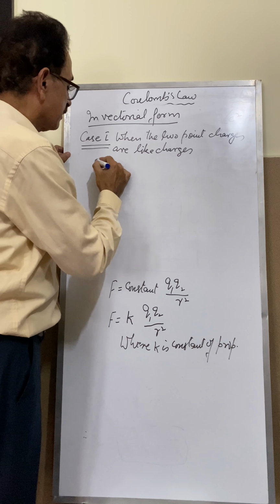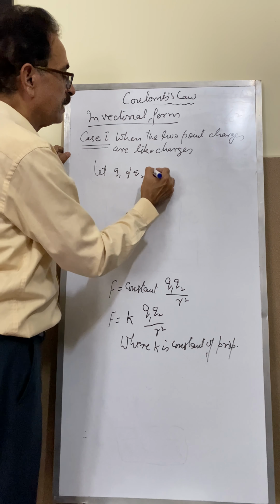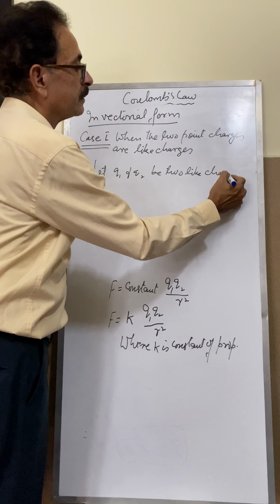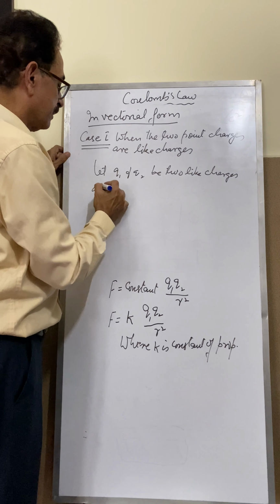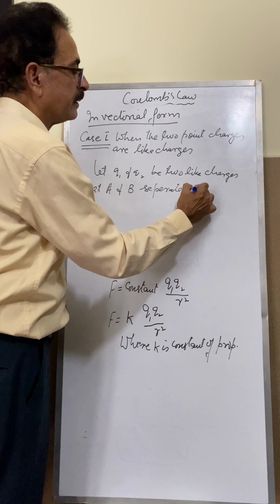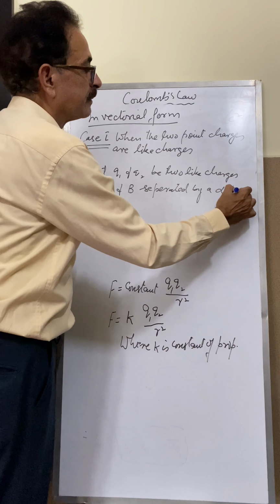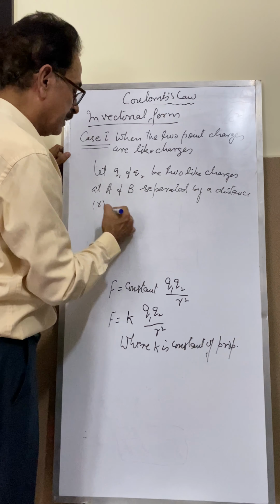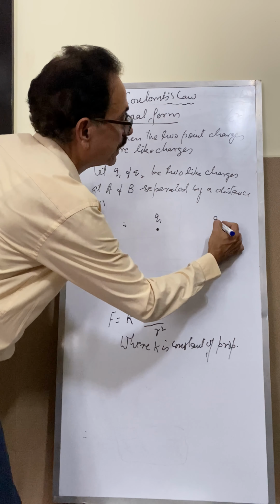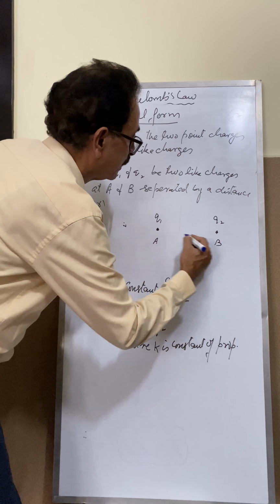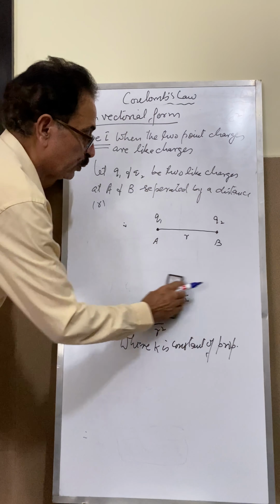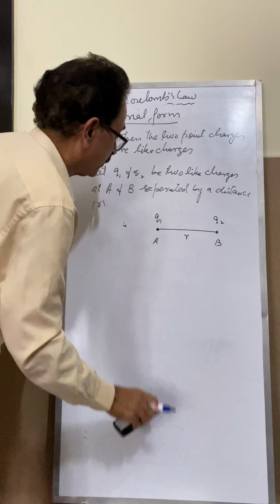Let Q1 and Q2 be two like charges at A and B, separated by a distance R. Therefore, we write Q1 here and Q2 here at A and B, separated by distance R. Here these two charges are like charges.